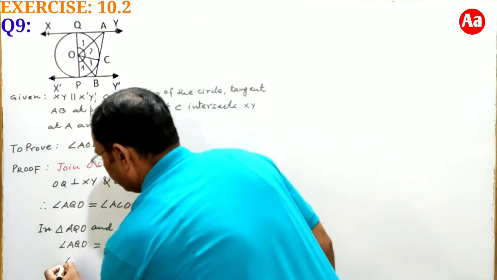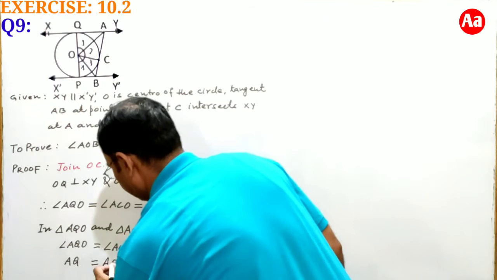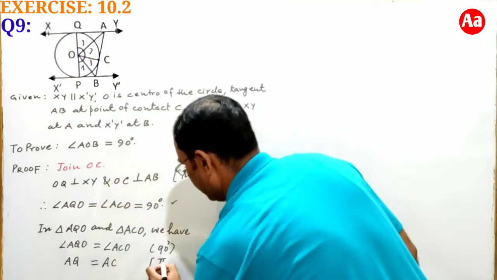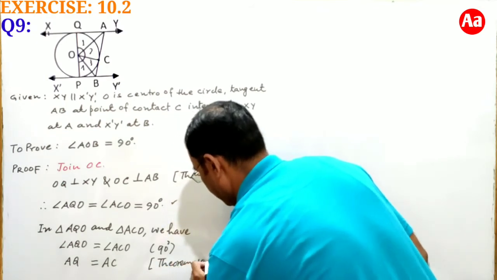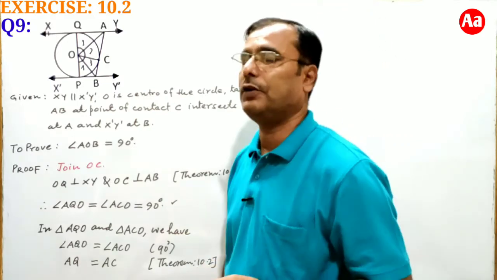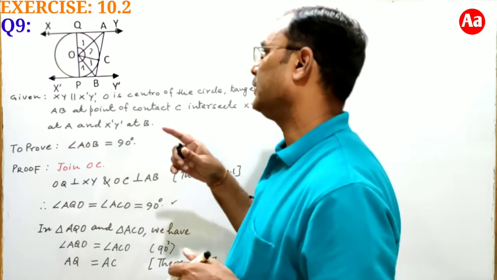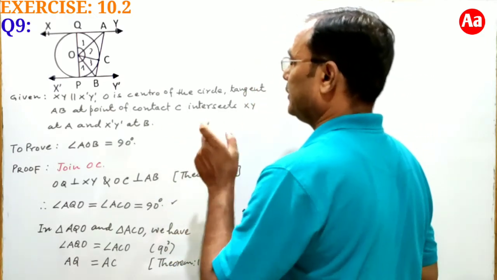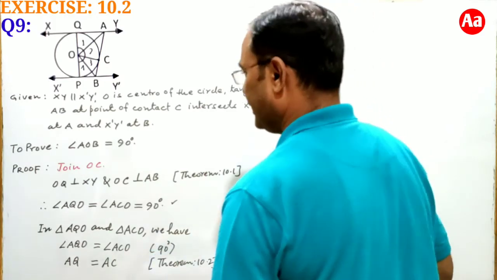AQ equal to AC according to theorem 10.2. Theorem 10.2 is the lengths of tangents drawn from an external point to a circle are equal. So AQ and AC are tangents to the circle, so their lengths will be equal. So AQ equal to AC.